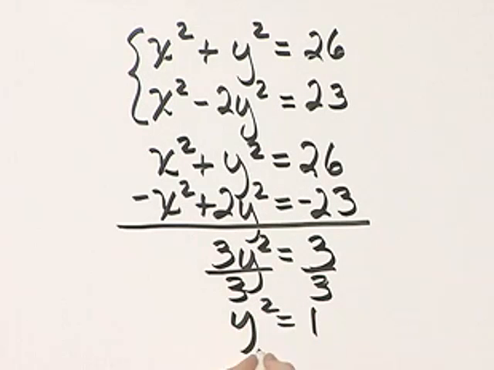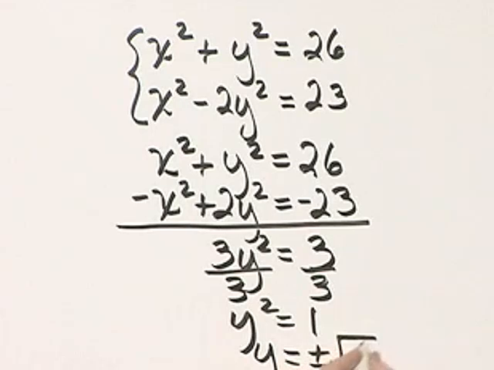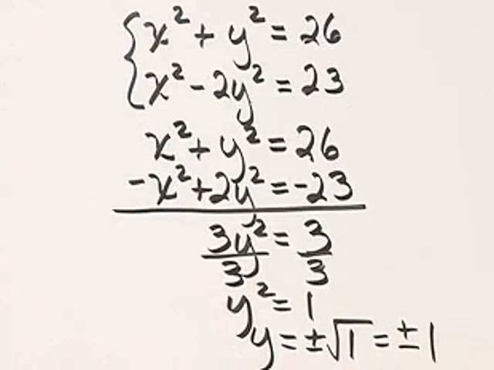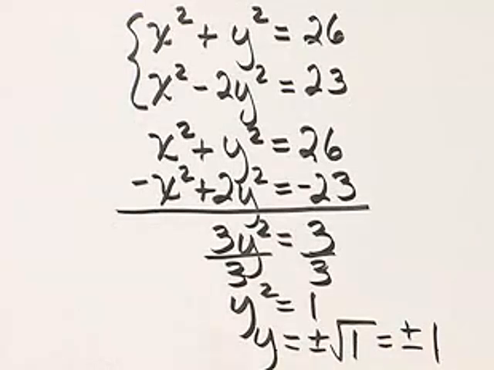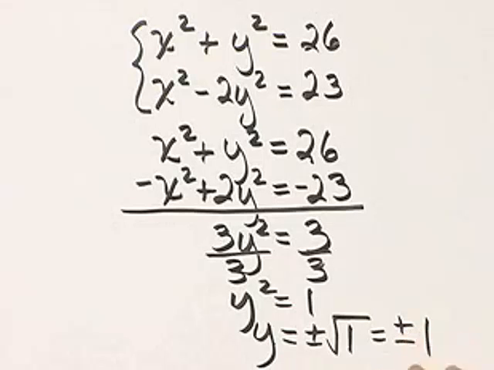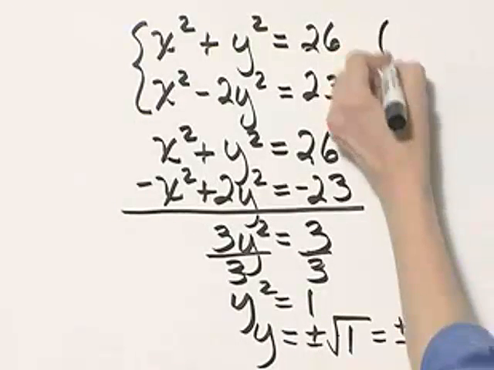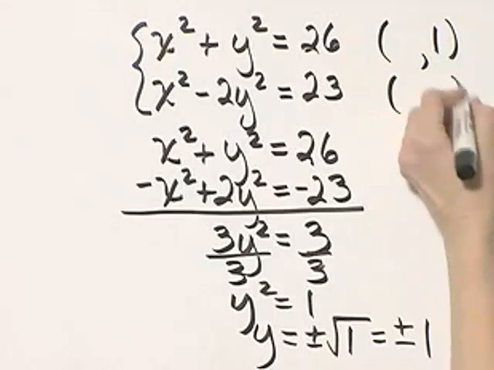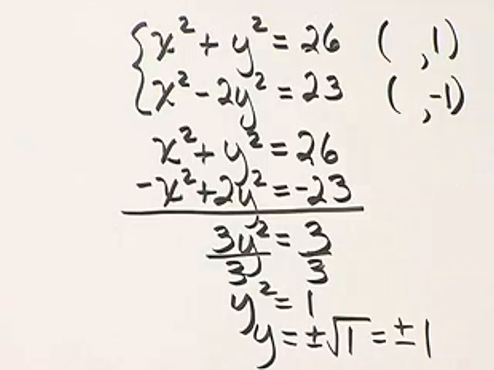If y squared is 1, y is plus or minus the square root of 1, which is plus or minus 1. So thus far, it looks like we have 2 points of intersection, one with a y value of positive 1 and one with a y value of negative 1.